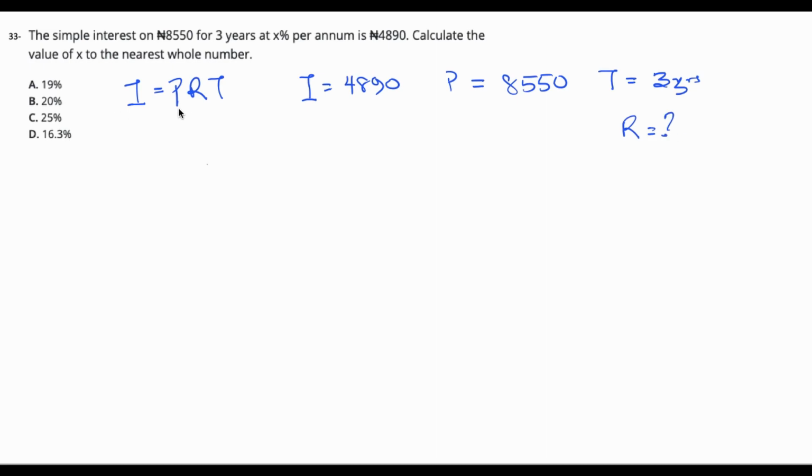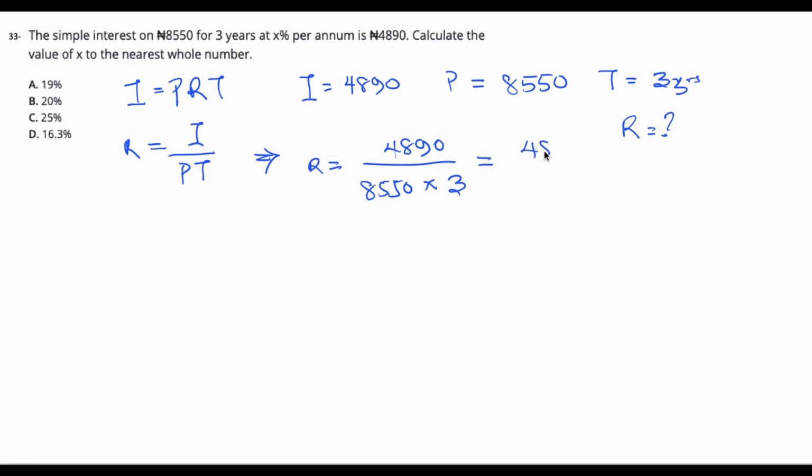So from here, if we make R the subject of the formula, all we have to do is divide both sides by PT. So R becomes our interest divided by PT. So our rate is equal to I, which is 4890, divided by P, which is 8550, multiplied by our time.